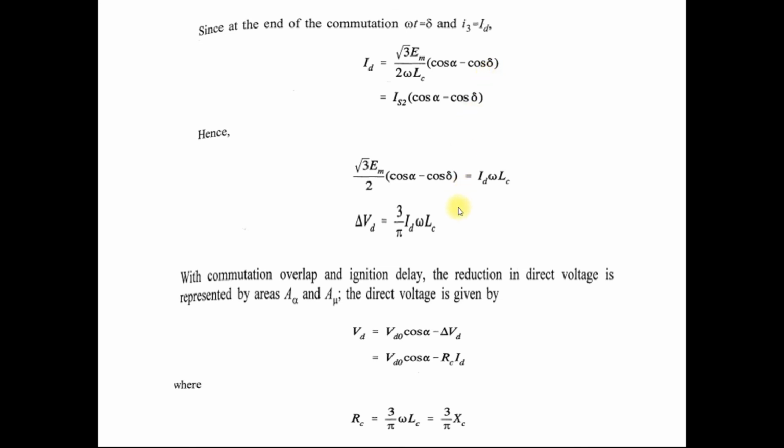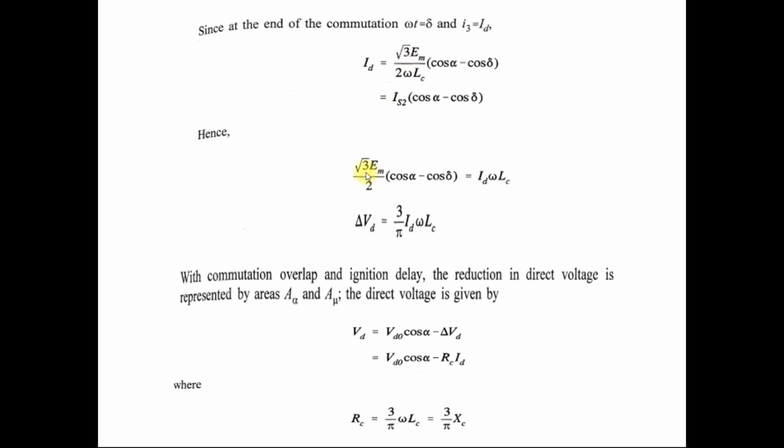So in this equation, root 3 Em divided by 2 (cos alpha minus cos delta) is equal to ID multiplied by omega LC, because this omega LC comes here, multiplied.